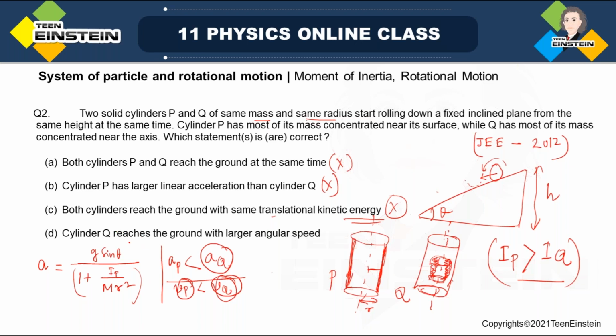Then the last option: cylinder Q reaches the ground with larger angular speed. I'll erase this portion to analyze the fourth point.